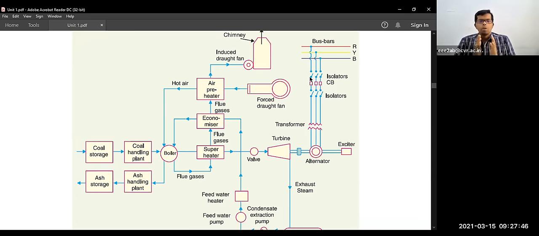Not only kilograms of coal, it is tons and tons of coal stored in a particular place, and from there it is taken to the coal handling plant via conveyor belts. In the coal handling plant, the coal is crushed into what we call pulverized coal.